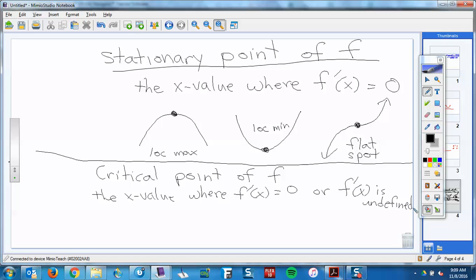So that's like a larger set, right? Critical points would include stationary points, and then it would also be where f prime is undefined. So that could be at one of these three we just said.